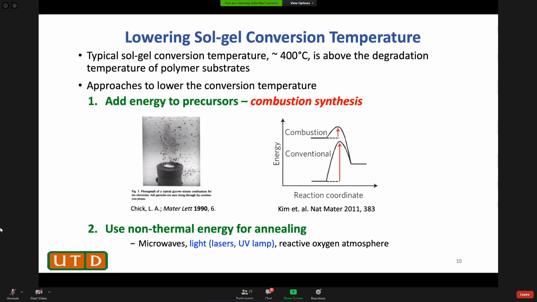So the photonic curing is actually more like an anneal that's really specified to a certain area.